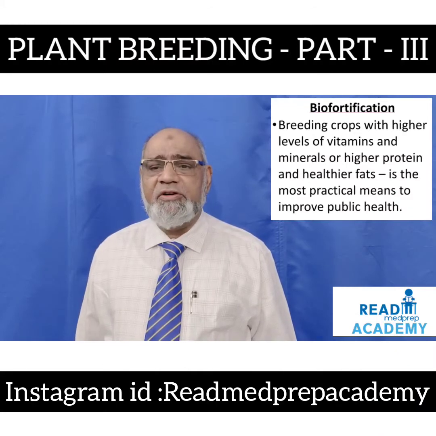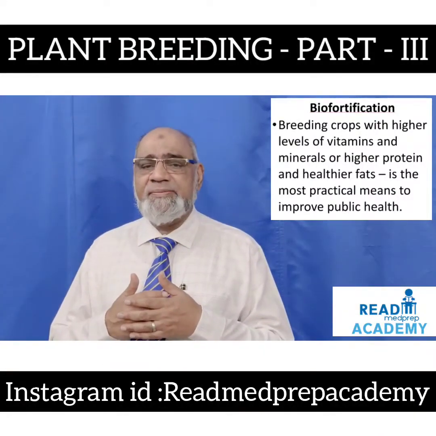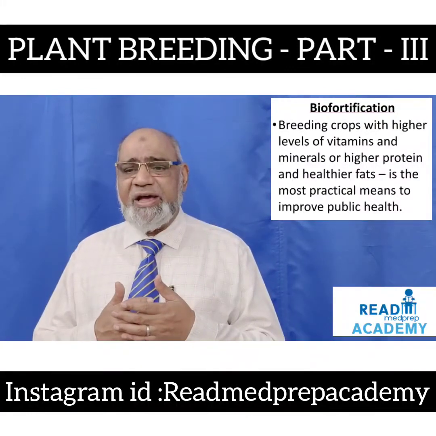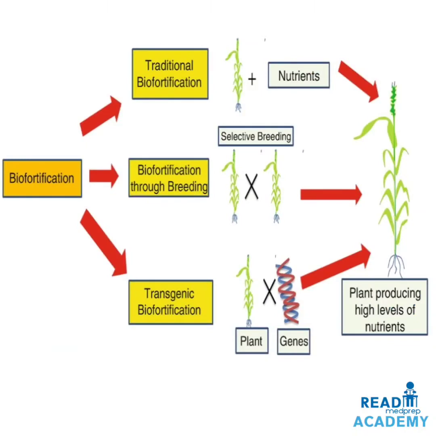Now, what is biofortification? Breeding crops with higher levels of vitamins and minerals, or higher protein and healthier fats, is the most practical means to improve public health. Here you can see that biofortification can be done by traditional biofortification, where the growth of the plants is managed to increase the level of nutrients. Biofortification is done by selective breeding, which helps the plants to produce high levels of nutrients.